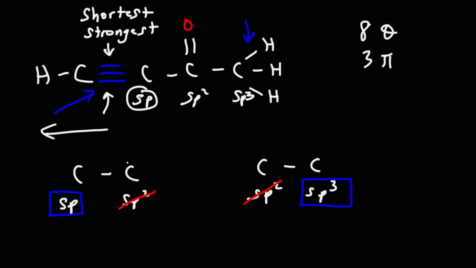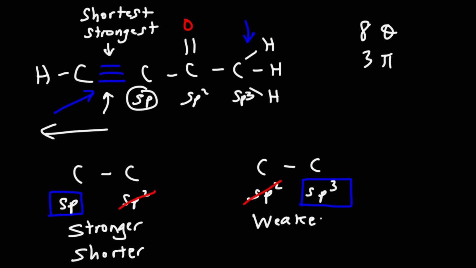We could say this bond here on the left, because part of it is from an sp carbon, is going to be stronger and it's going to be shorter. The other one, which is associated with an sp3 carbon, is going to be weaker, but it's going to be longer.